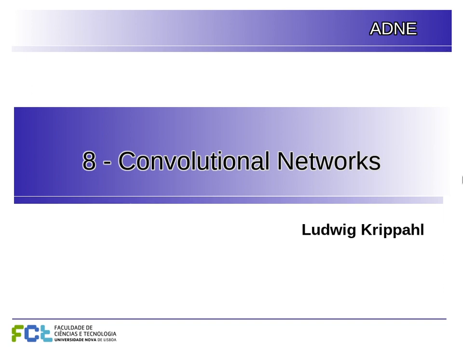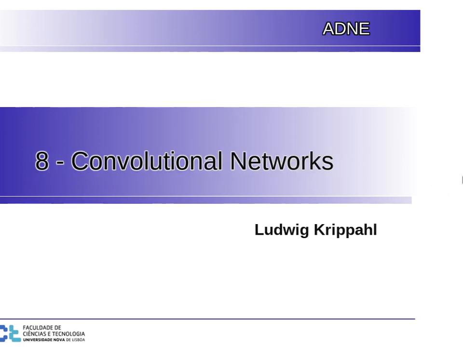So now we're going to start using Keras, the API, and not implementing things at the lower level as before. And we're going to start looking at different layers, which are these convolutional layers for convolutional networks.